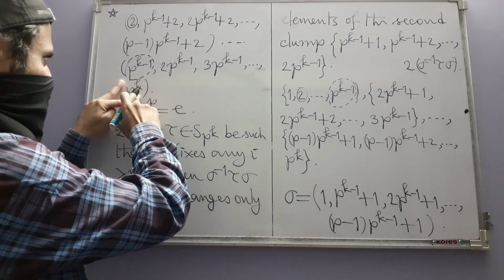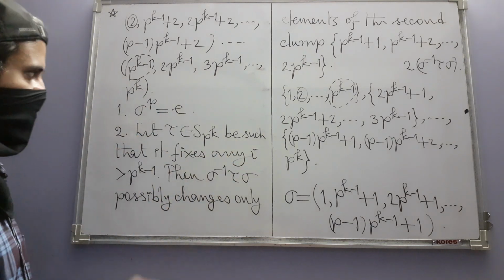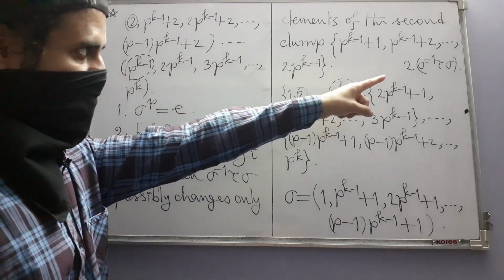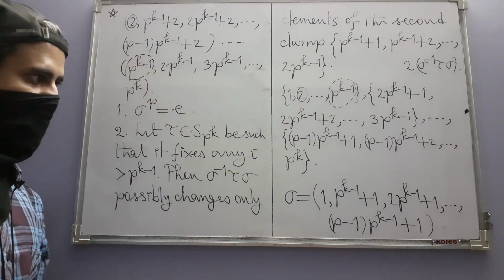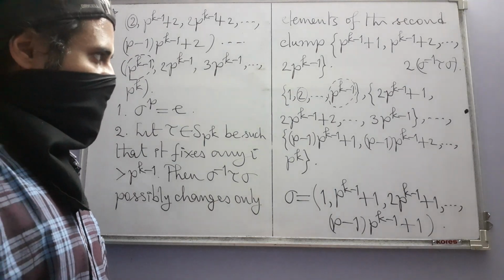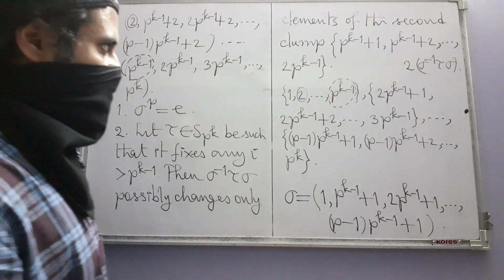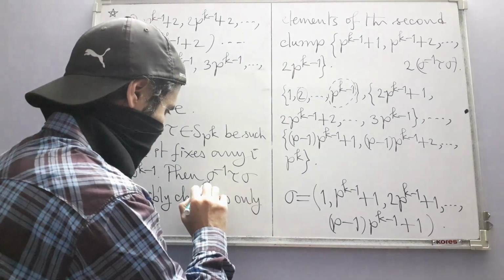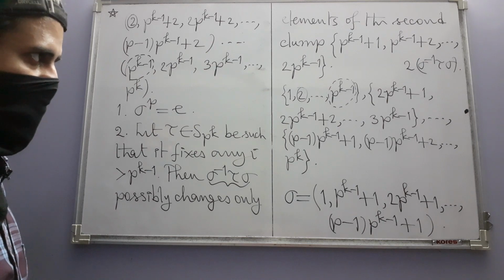So tau of p to the power k is p to the power k itself. On that, finally when you apply sigma, it gets mapped back to p to the power k minus 1. And that is the case with any other element of the first clump. So that's how this has no effect on the elements of the first clump.